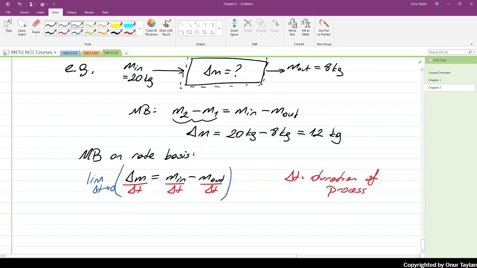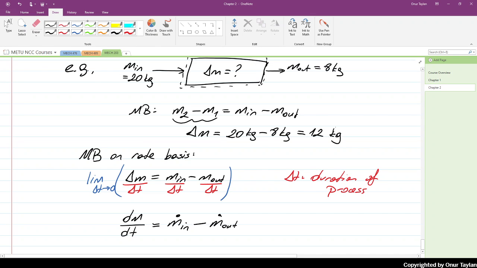Delta m by delta t becomes, in the rate, dm by dt, the time derivative of mass. This is the mass change of the system. And on the right hand side, m in divided by delta t becomes m dot in. M out divided by delta t becomes m dot out. So this becomes the rate.